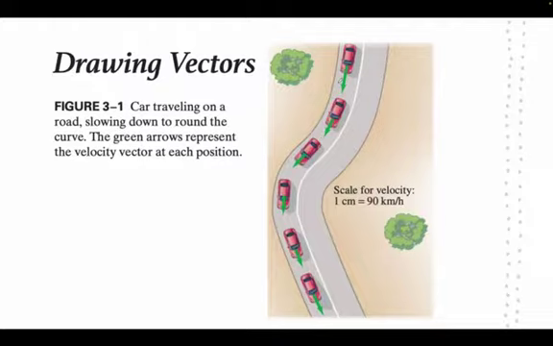If the length of the arrow is 1.5 centimeters, that means a velocity of 135 kilometers per hour, which is why it's very important to have a scale so that we know what magnitude of the vectors is represented.